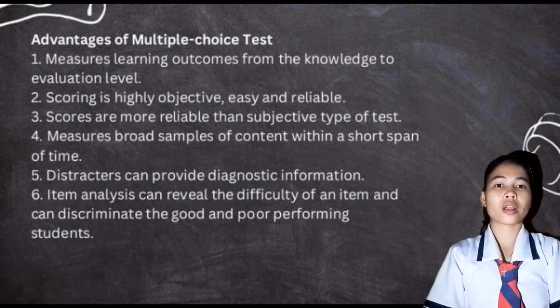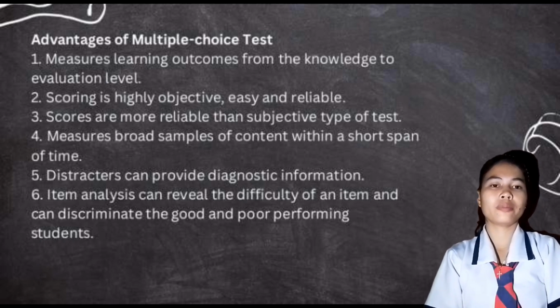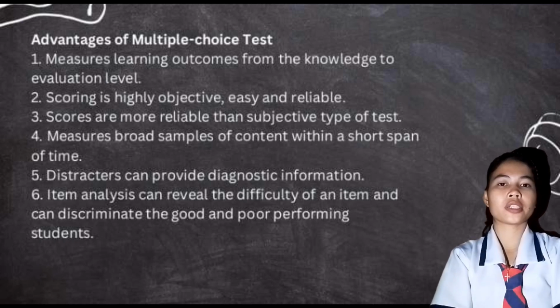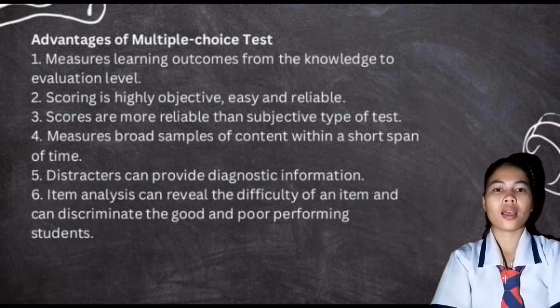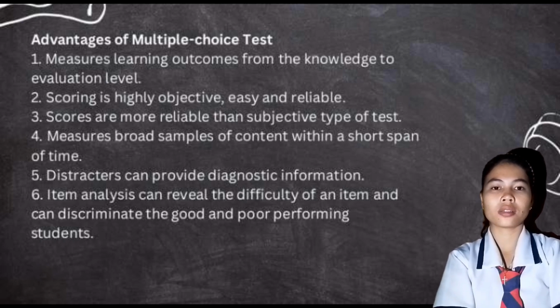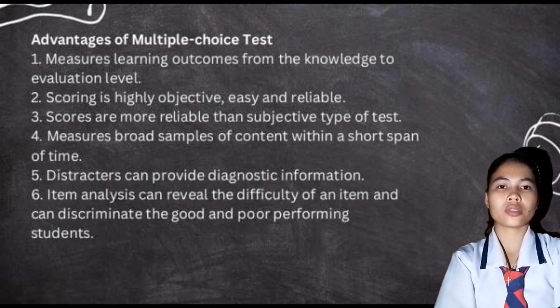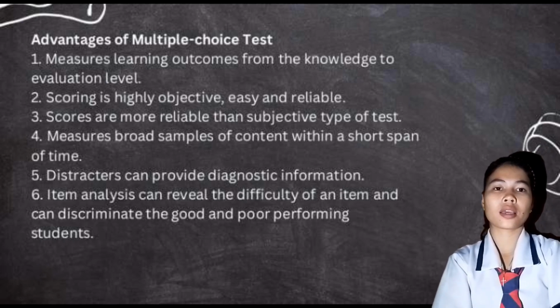So there are 6 advantages of multiple choice test. So the first one, measures learning outcomes from the knowledge to evaluation level. And the second one, it is the scoring is highly objective, easy, and reliable. The third one, scores are more reliable than subjective type of test.